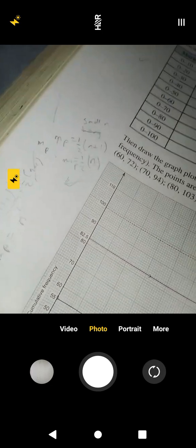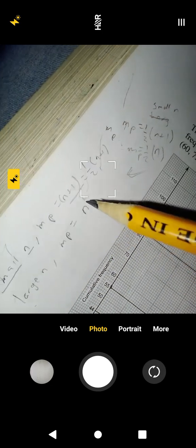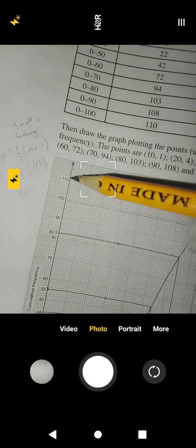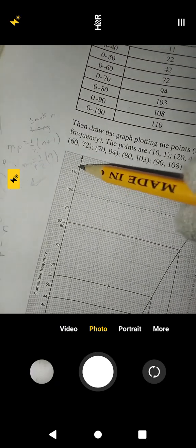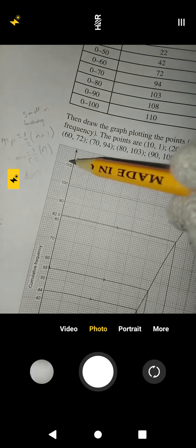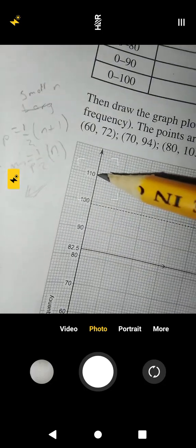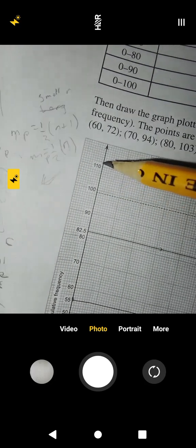Like I've said, if you have noticed previously, I did mention that if you have large n, for example, our n this time is 110, but last time it was 60, so last time it was small, but this time it's 110, so it's large n.